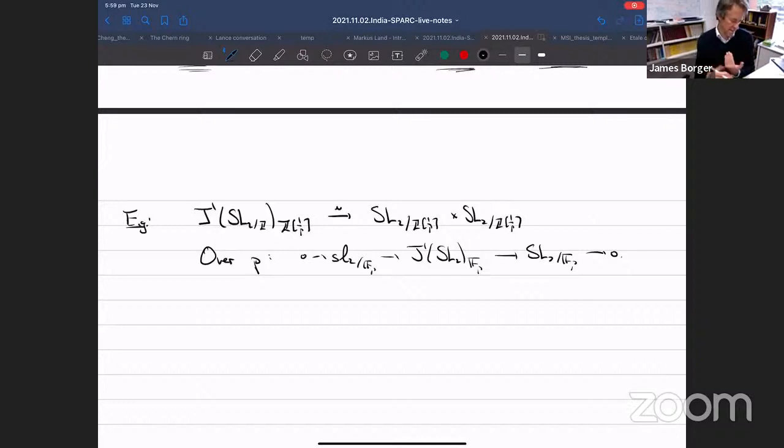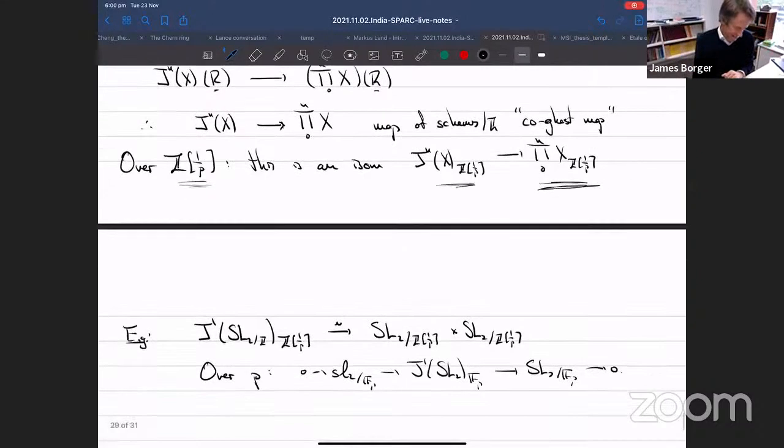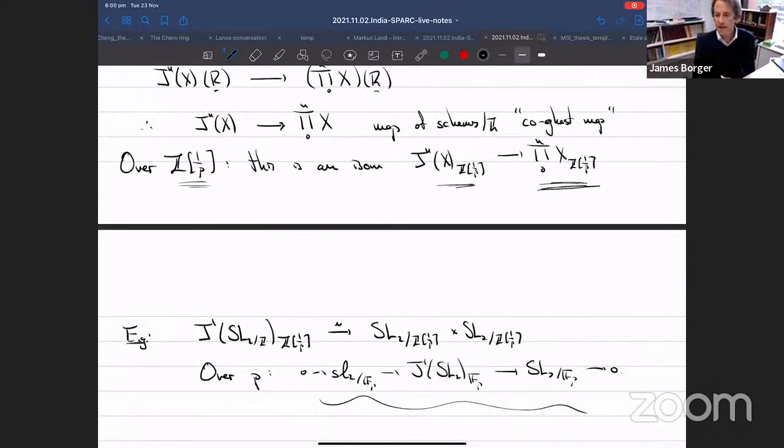So that's a completely general thing: these arithmetic jet spaces are just products of your variety. Your variety could be an algebraic group if you like, but then away from P, that's true, but modulo P, they degenerate into something more like this.